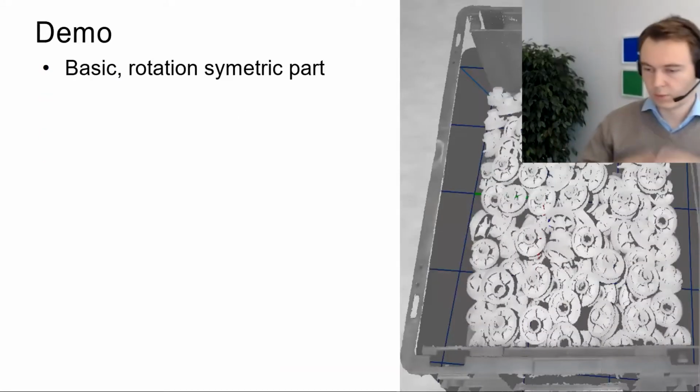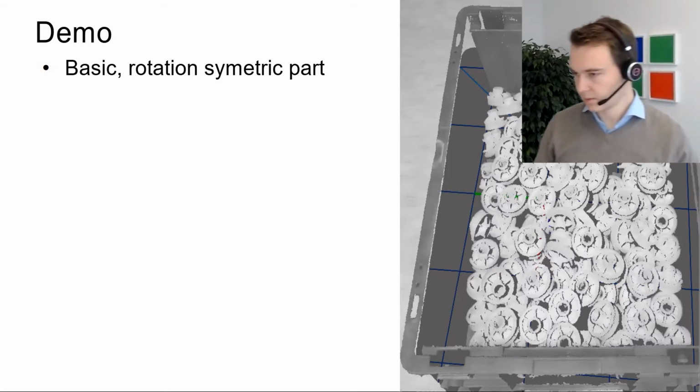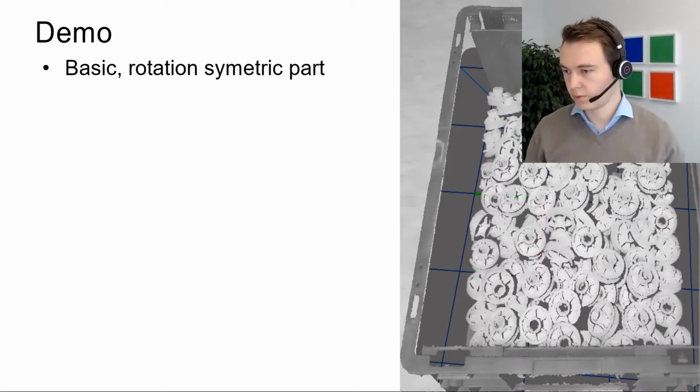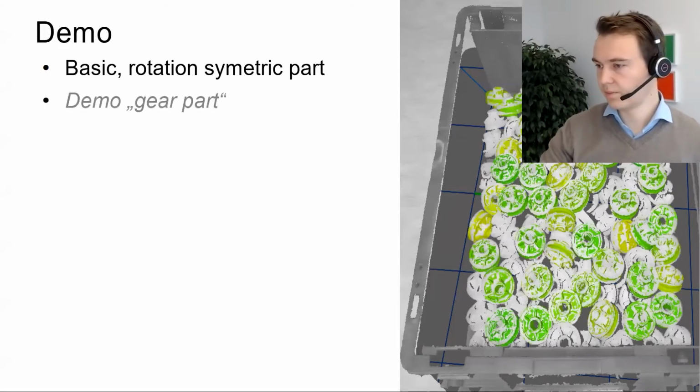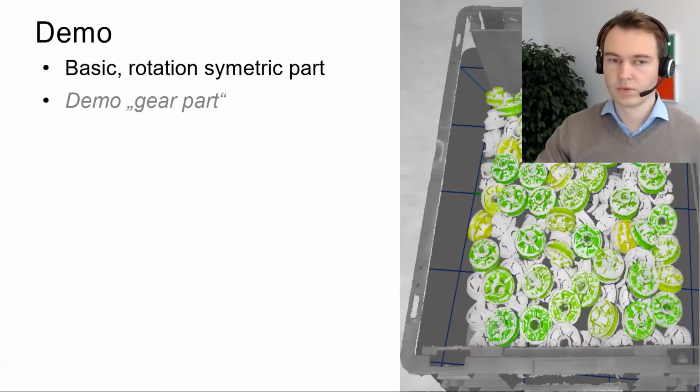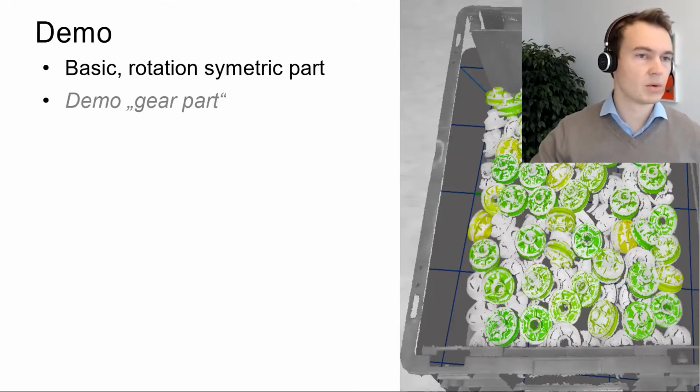So now that we know what it's doing, I would like to show you the whole operation on one of these data sets here. So this is a simple gear part. I will quickly pull up NX view here.